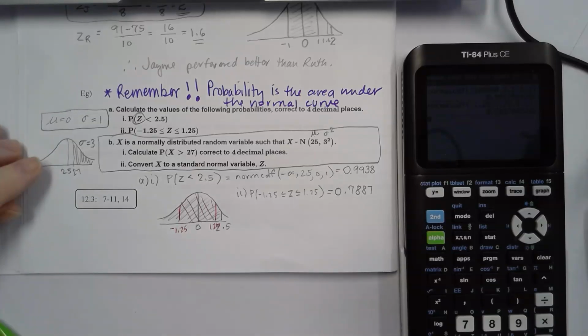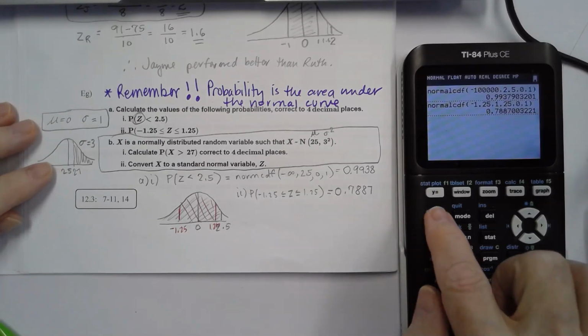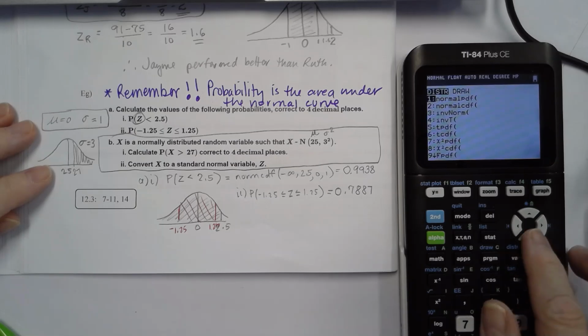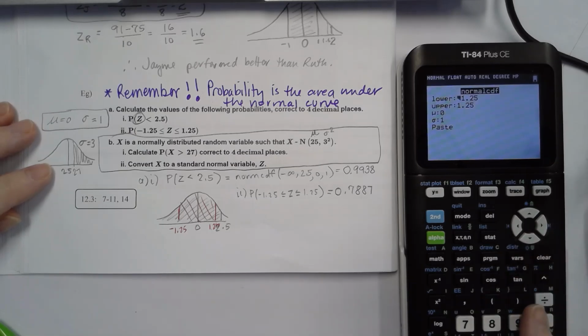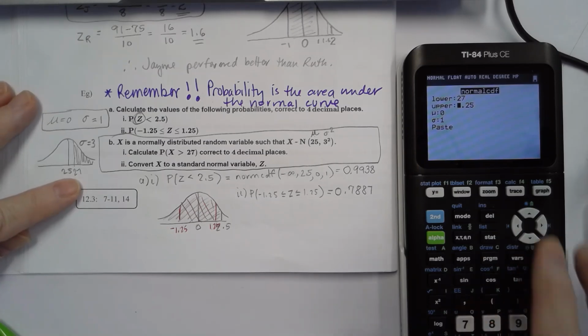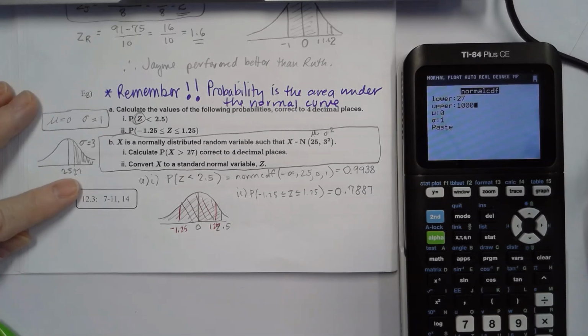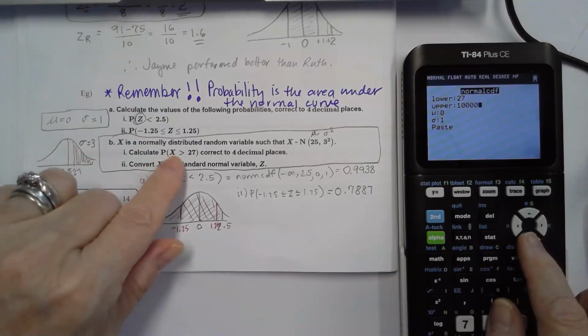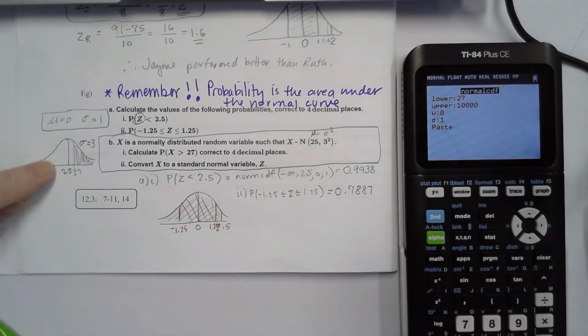Okay, so here I go. The lower is 27, and the upper is infinity. So I'll put a big number in there, because I want up here, greater than, and I'll put my mean in, 25, and my standard deviation is 3.